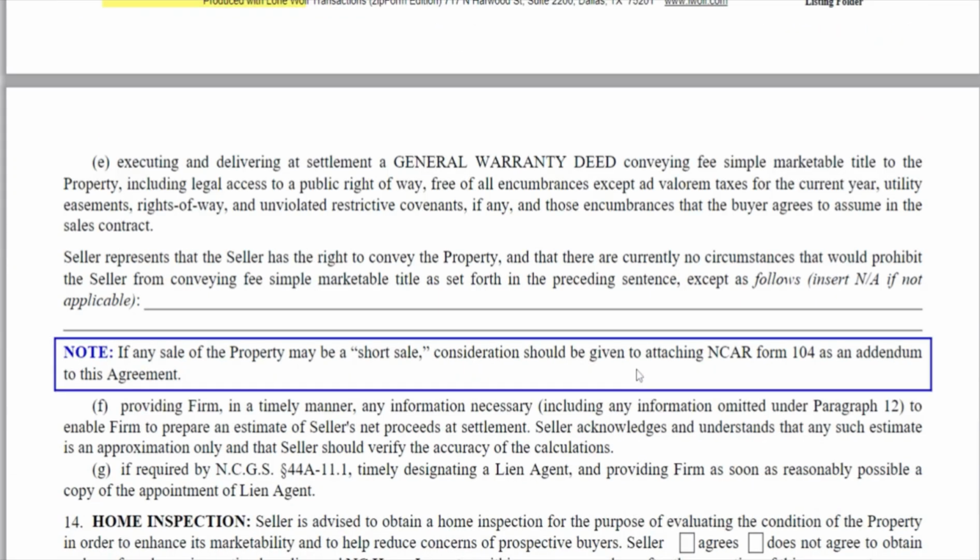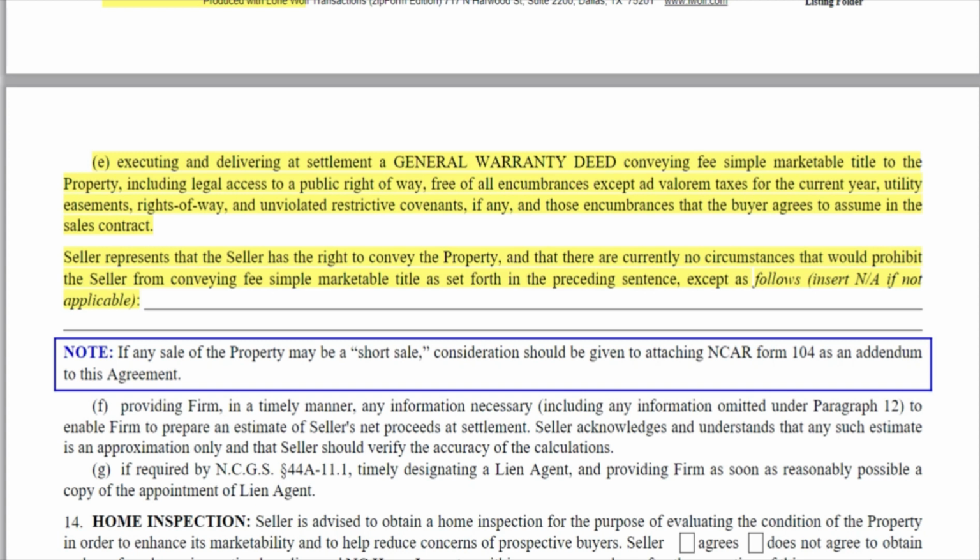So here we are at the top of page 10. And it's E, executing and delivering at settlement a general warranty deed conveying fee simple marketable title to the property, including legal access to a public right of way, free of all encumbrances except ad valorem taxes for the current year, utility easements, rights of way, and unviolated restrictive covenants, if any, and those encumbrances that the buyers agree to assume in the sales contract.